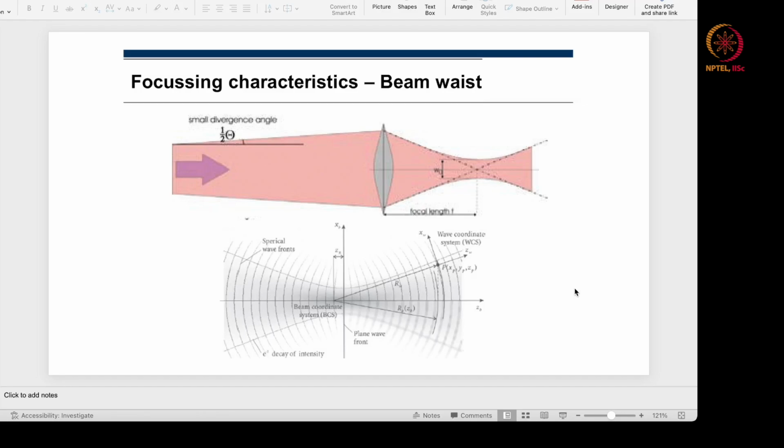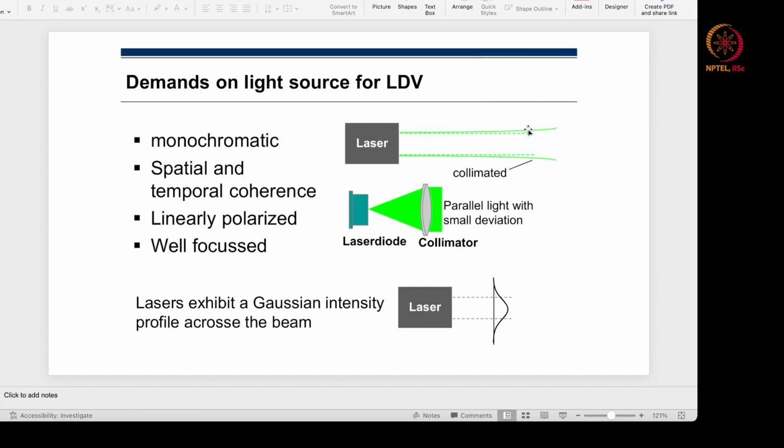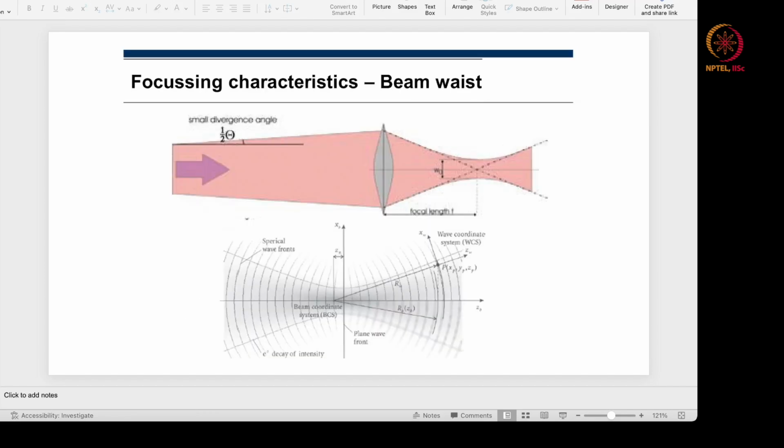Normally, if you try to focus a Gaussian beam, there is a low divergence angle, which means it is more or less collimated, as you see here, with a little bit of divergence. Now you bring the beam to a focal length L, and we will come to this a little later as well.